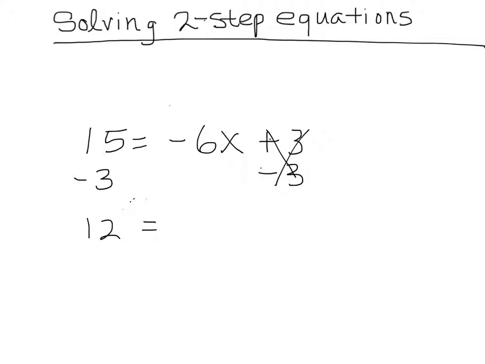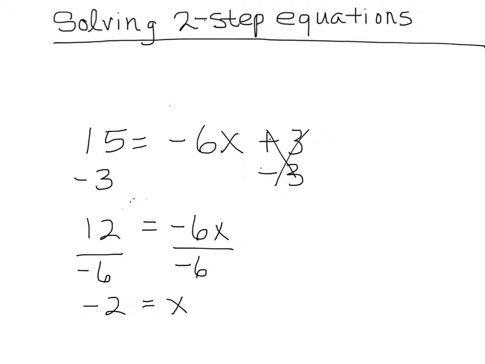So we have 12 is equal to negative 6x. So now we divide by the coefficient of the x, which is negative 6. And we do the same thing on the other side, division property of equality. So we get negative 2 is equal to x.